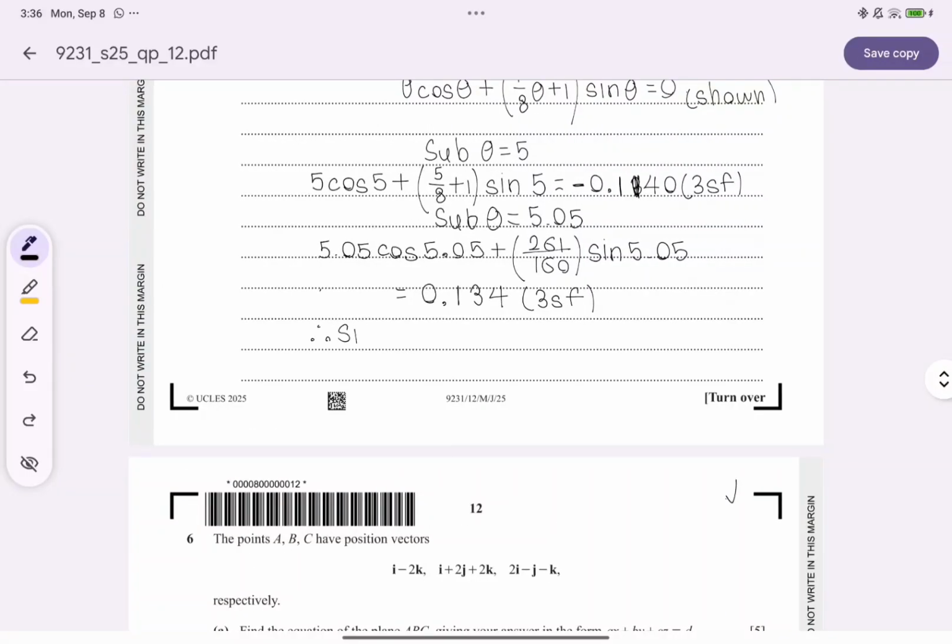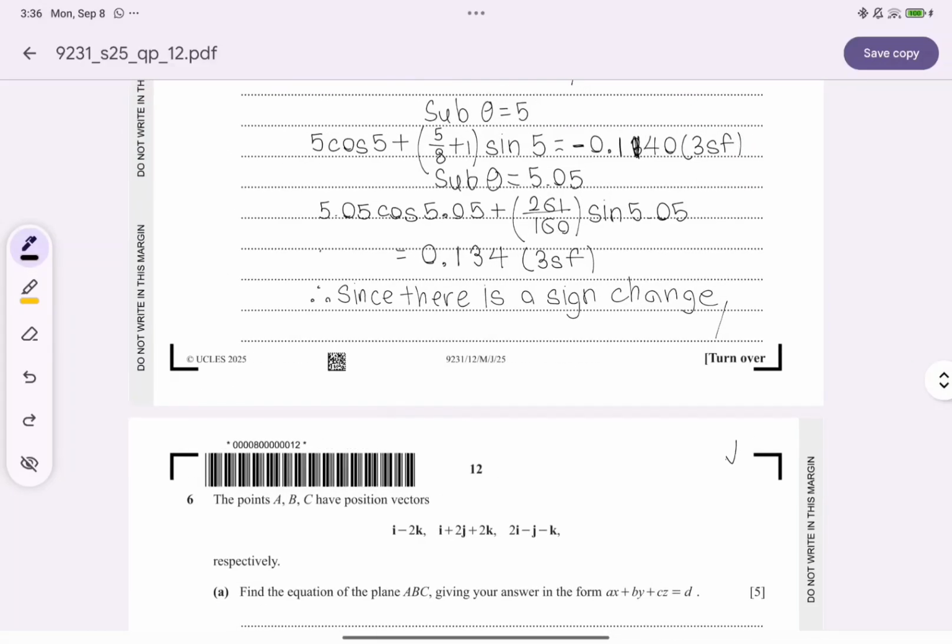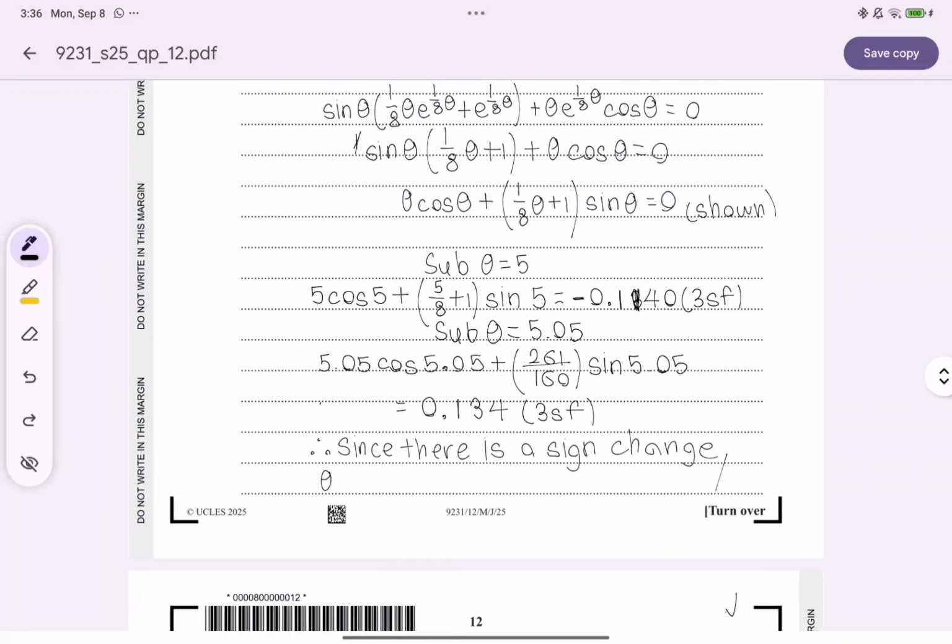So you can say, since there is a sign change, the root theta is between 5 and 5.05, verified.